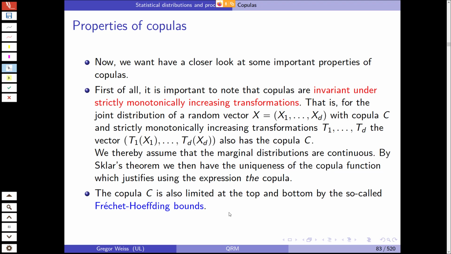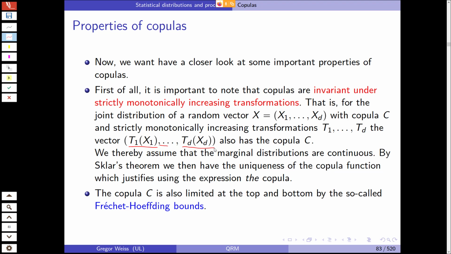That is, for the joint distribution of a random vector with copula C and strictly monotonically increasing transformations T1 to Td, the vector T1 of x1, T2 of x2 up until Td of xd also has the same copula C. We thereby assume that the marginal distributions are continuous, and by Sklar's theorem we then have the uniqueness of the copula, which justifies using the expression the copula. It's not a copula, but it's the copula.